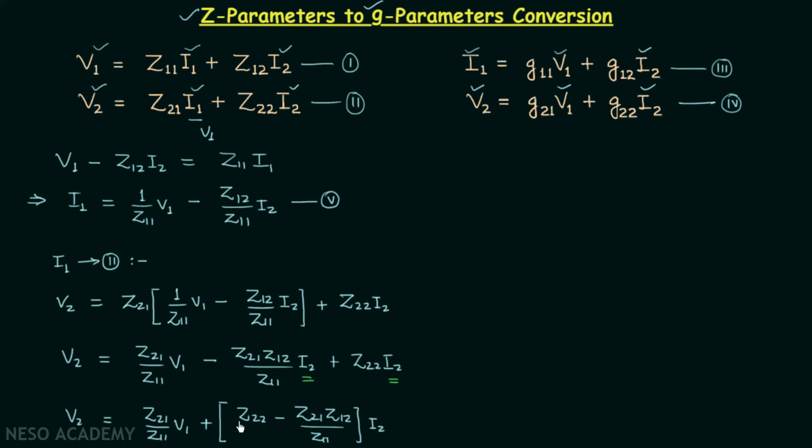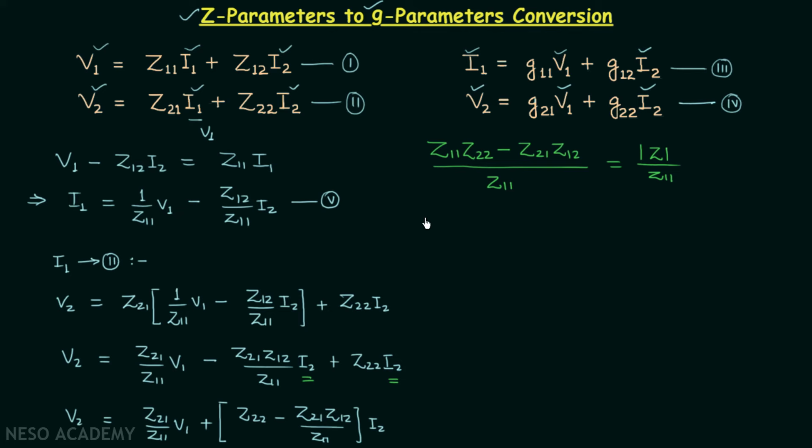When you focus on the content inside the bracket, you will find we can write it as Z11 multiplied by Z22 minus Z21 multiplied by Z12, divided by Z11, and we can write the numerator as the determinant of the impedance matrix.